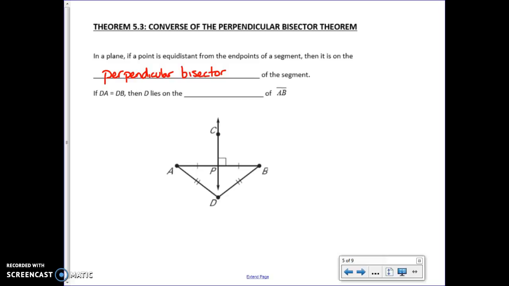So if we know that DA is equal to DB, then we know that point D lies on the perpendicular bisector of segment AB, meaning it meets at a right angle and it's the same distance. So if we extended this line and point D went through there.